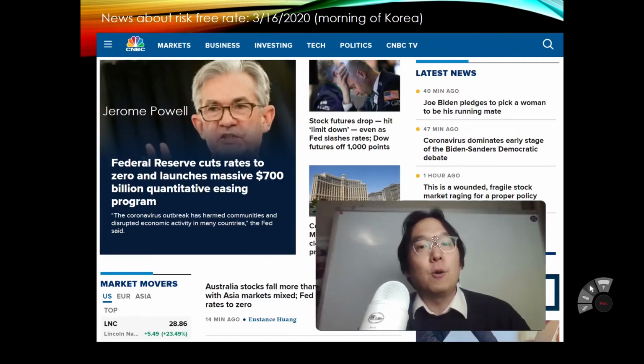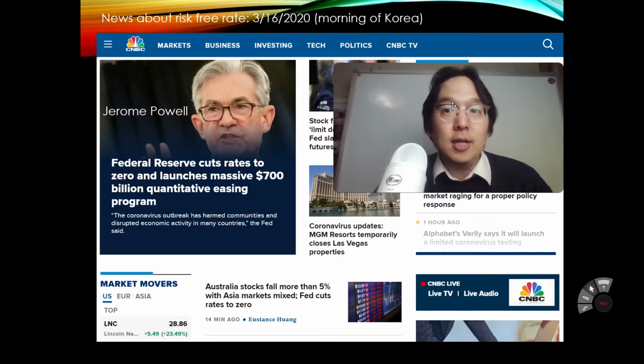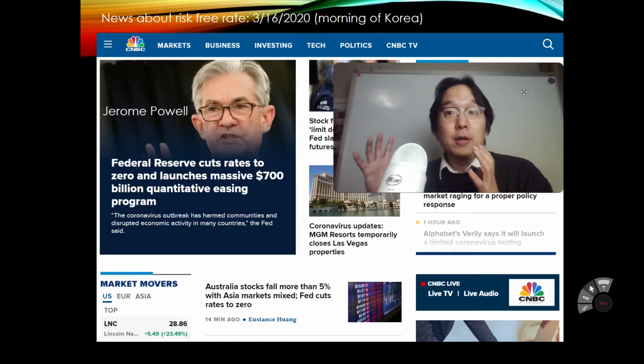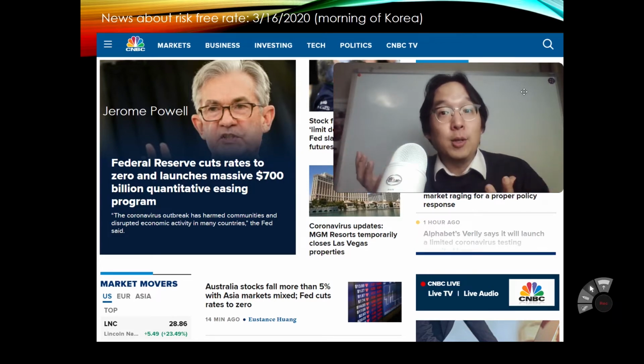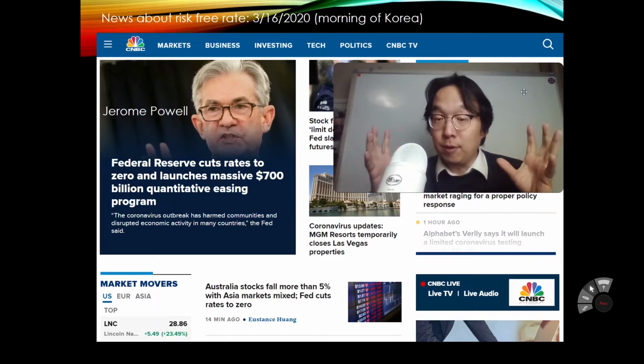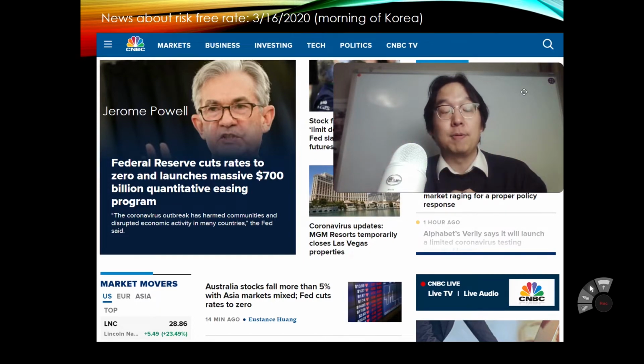Okay, so why was he announcing this? Because he wanted to lower the interest rate somehow, okay? So that it would be easier for people to borrow money. From the businessmen's perspective, or the supply side perspective, the businessmen could easily raise capital and then do their projects, okay?